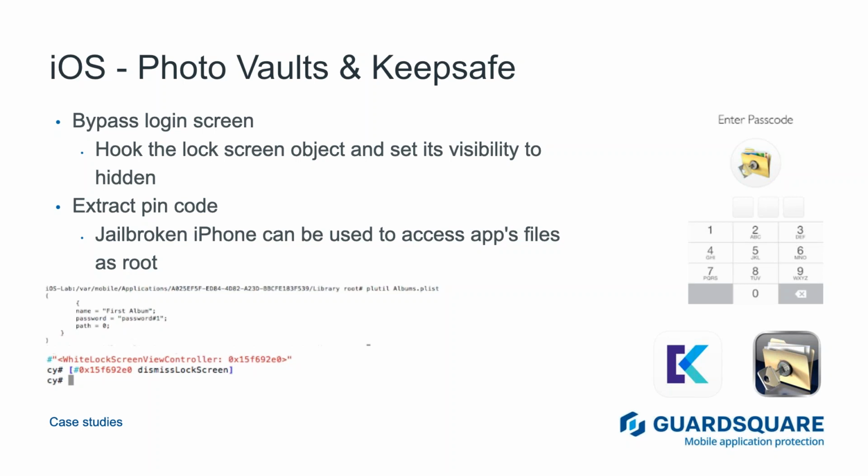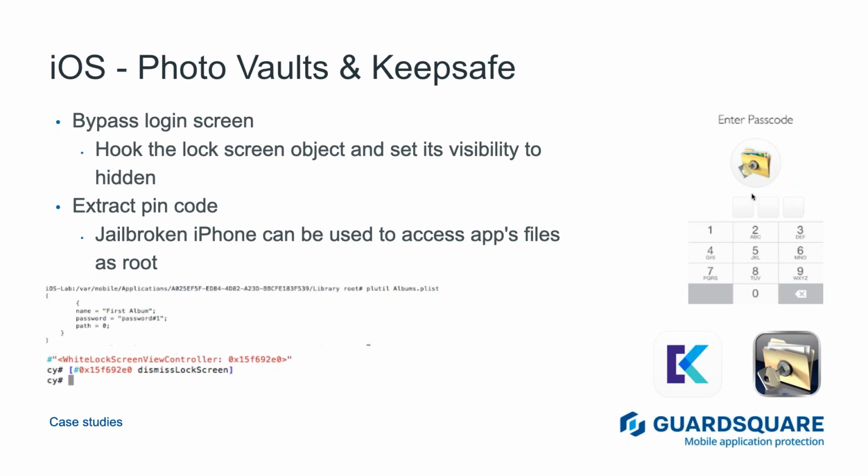So how did they do that? In a nutshell, they of course first needed to statically analyze the app to get a better understanding of how everything was working. They then hooked that lock screen. They verified if they were at the right view by hiding one of these boxes.